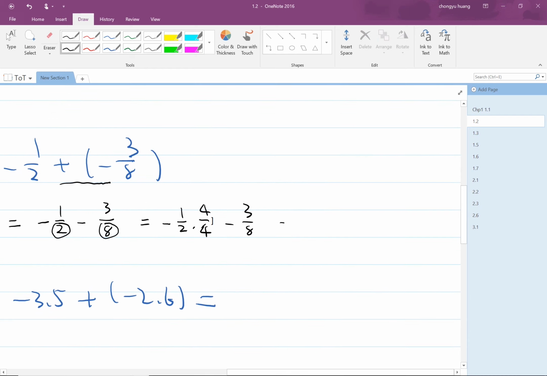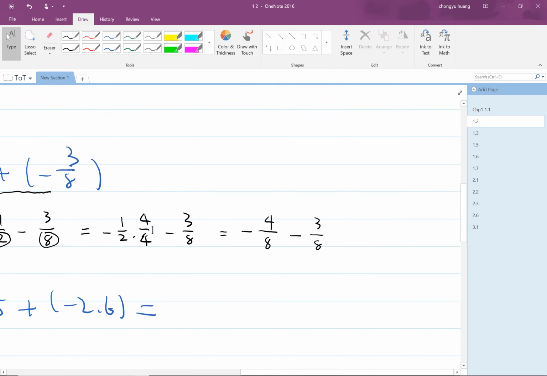So let's move further. Here 2 multiplied by 4 is 8, right? And then 1 multiplied by 4 is also 4. And then you have negative 4 over 8 and negative 3 over 8, right? After that, since both are negative, it's going to be negative.